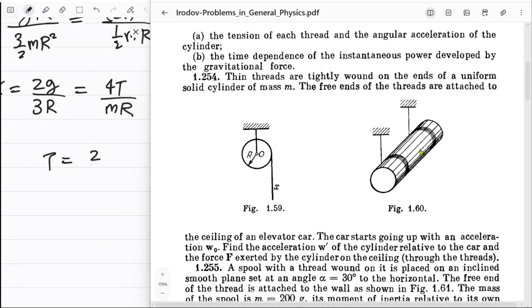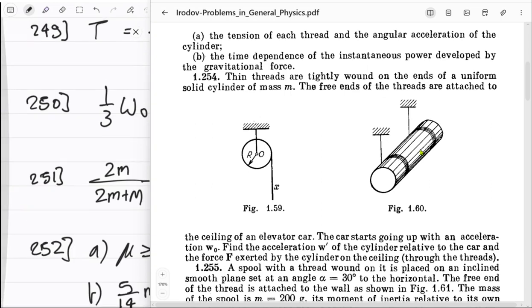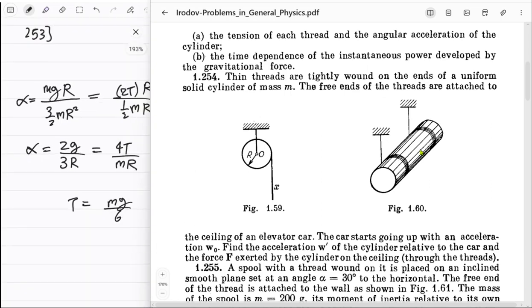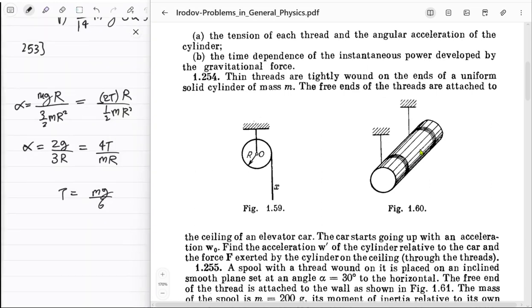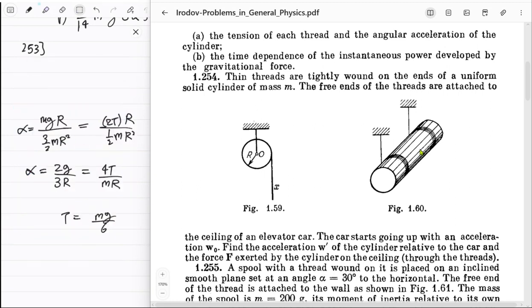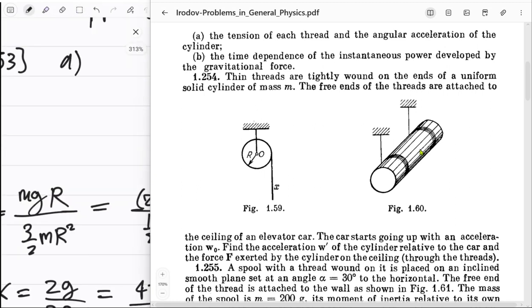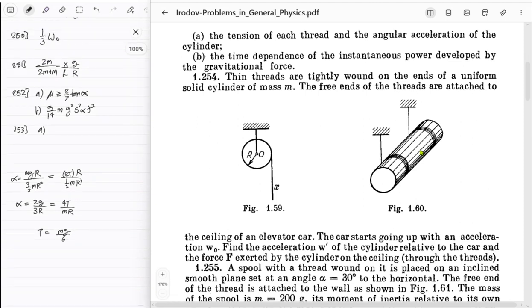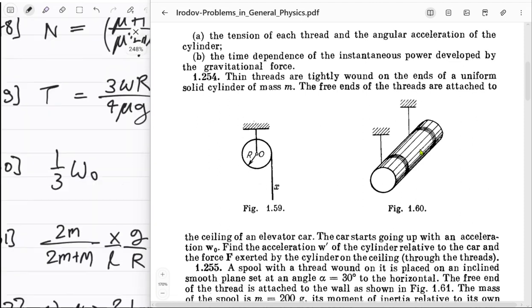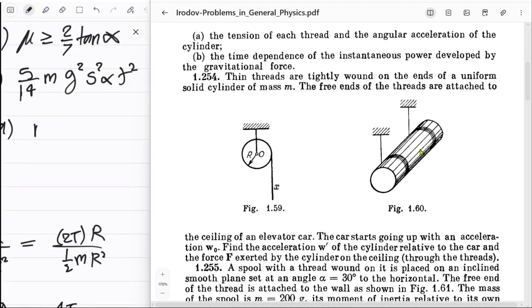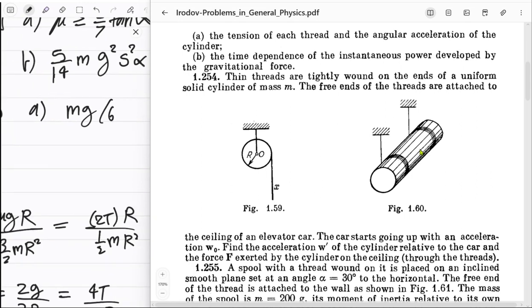It's like 2/3 of mg. Oh, you got that 4 over there as well. It's like 1 upon 6 mg. So mg upon 6. Cool. So the first part is done. That's the tension, right? So A is done. Yeah, okay. mg upon 6. Mg upon 6, right? Okay. And the 2b in that case.